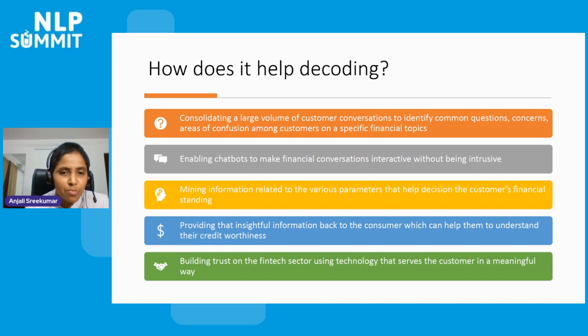So mining information related to these parameters that help make meaningful decisions for the customer's financial standing would give these businesses, the fintech industry, more opportunity to segment or profile customers in a finer way, where more parameters are considered, and it would target the products in a more meaningful way.